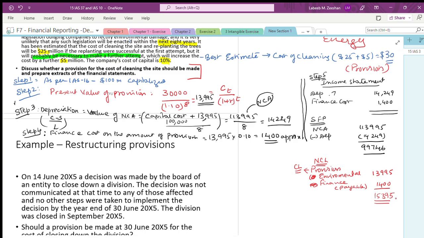Slowly revise it. Any doubt, just ask me. That is step 1, step 2, step 3, step 4 and step 5.